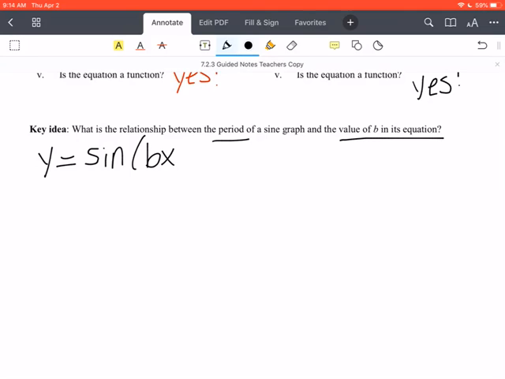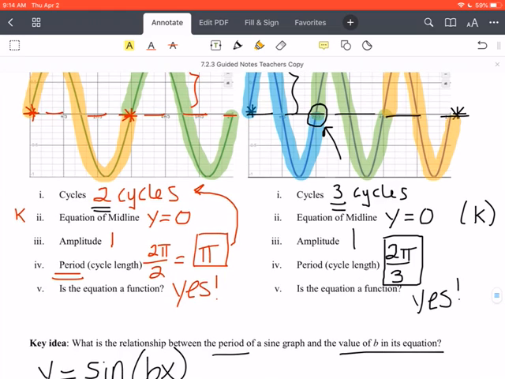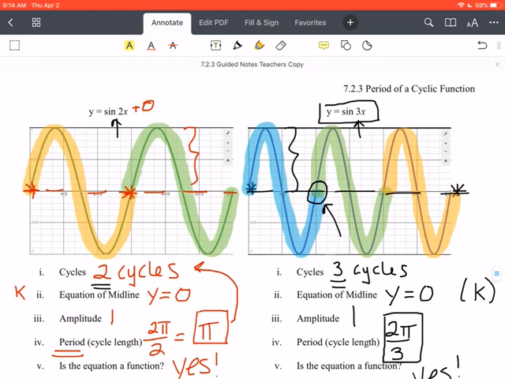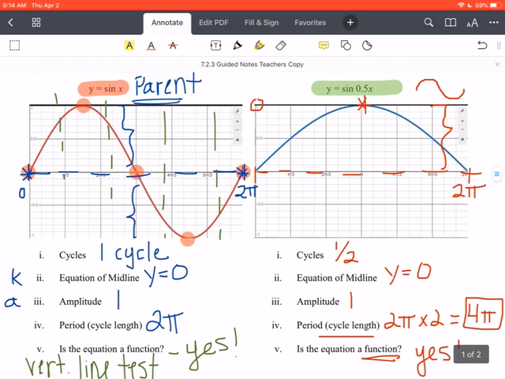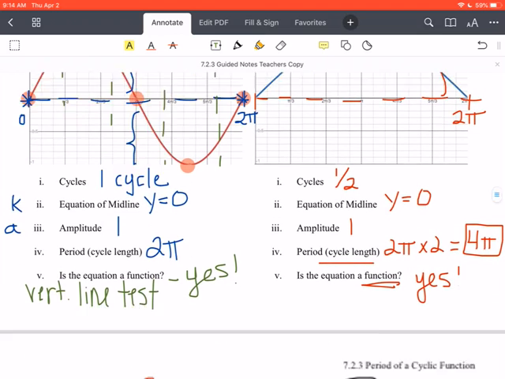We had no transformation in the amplitude, the horizontal shift, or the vertical shift. So we want to think about, what does that b truly mean? When b was 2, there were 2 cycles. When b was 3, there were 3 cycles. When b was 0.5, there was 1/2 cycle. When b was 1, there is 1 cycle.